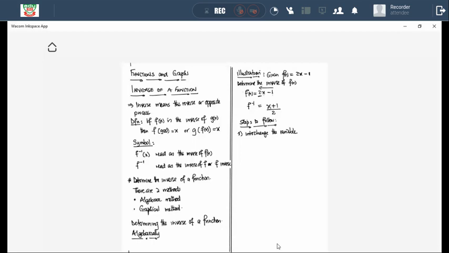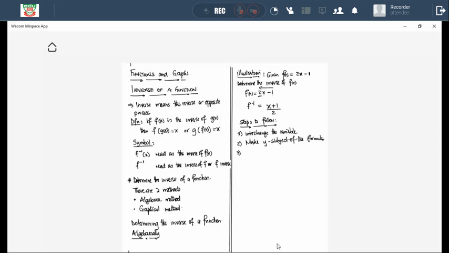After interchanging variables, the second step is to make y subject of the formula. Okay. Make y subject of the formula. Those are the basic steps that you are supposed to follow when you are coming up with the inverse of a function. The last one, the third one, it's optional.